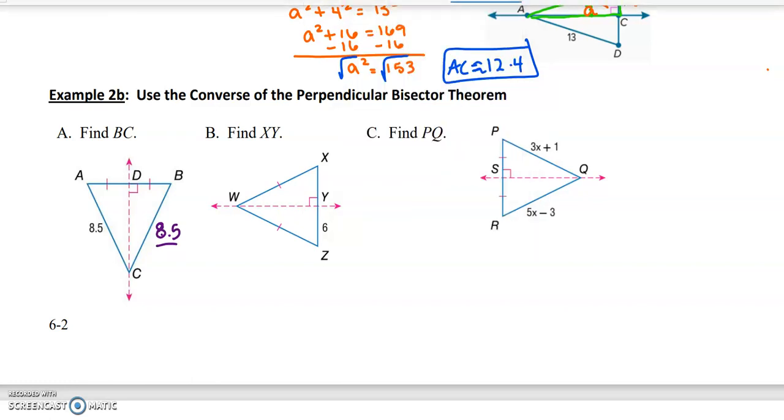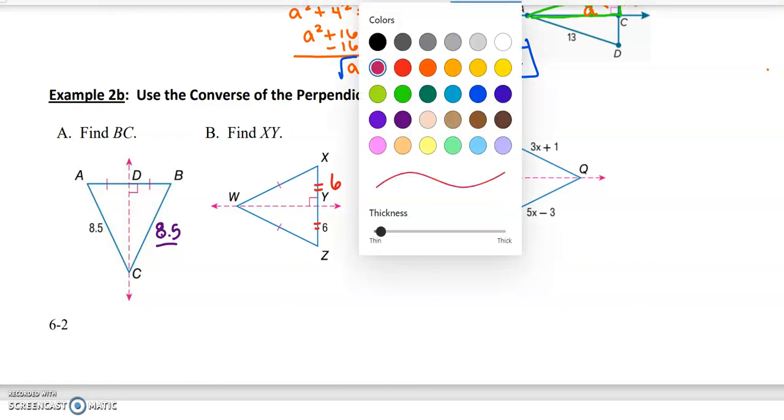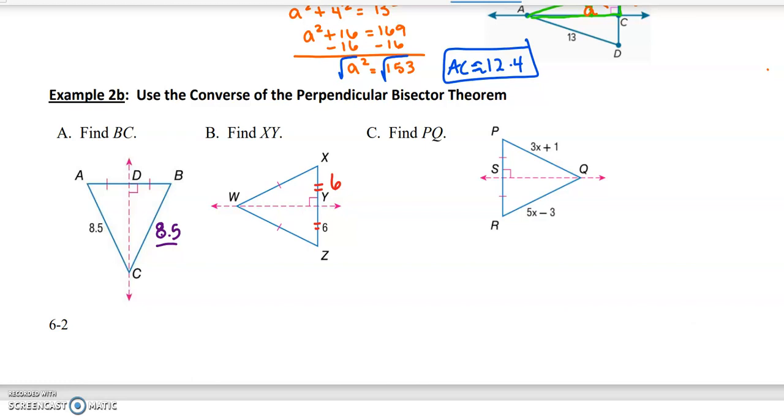This segment over here, if these are congruent, then these are congruent. So if that's 6, then XY is 6. And again, if we have the perpendicular bisector, then these segments would be congruent. So we're going to set 3x plus 1 equal to 5x minus 3 and solve.